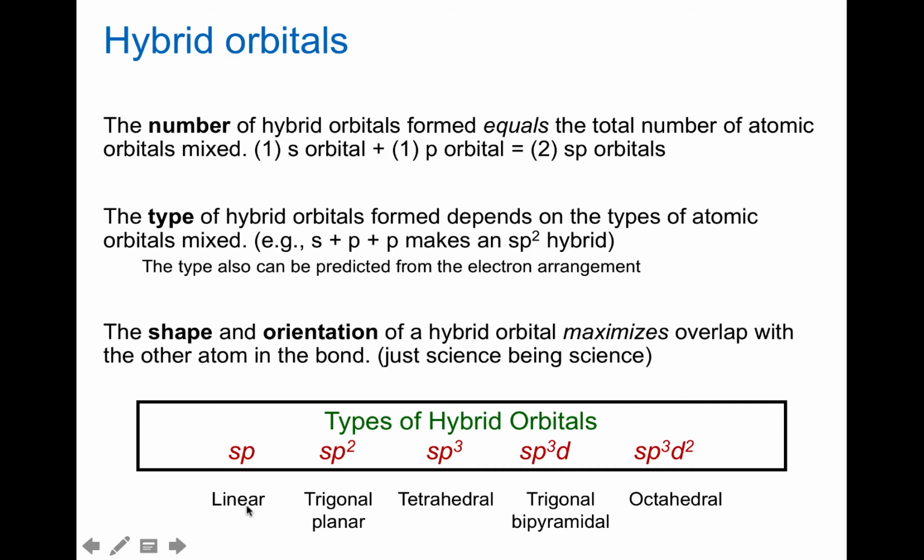For instance, linear has 2 electron groups, so I write down 2 letters, s and p. Trigonal planar has 3 electron groups, so I have to write down 3 letters, and the only way I can do that is sp2. Tetrahedral has 4 electron groups, so 4 letters. 5 electron groups, 5 letters; 6 electron groups, 6 letters.